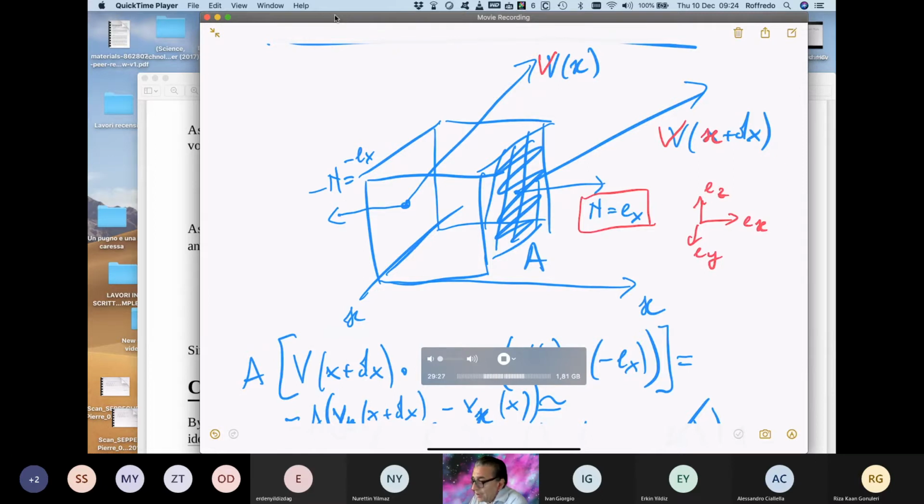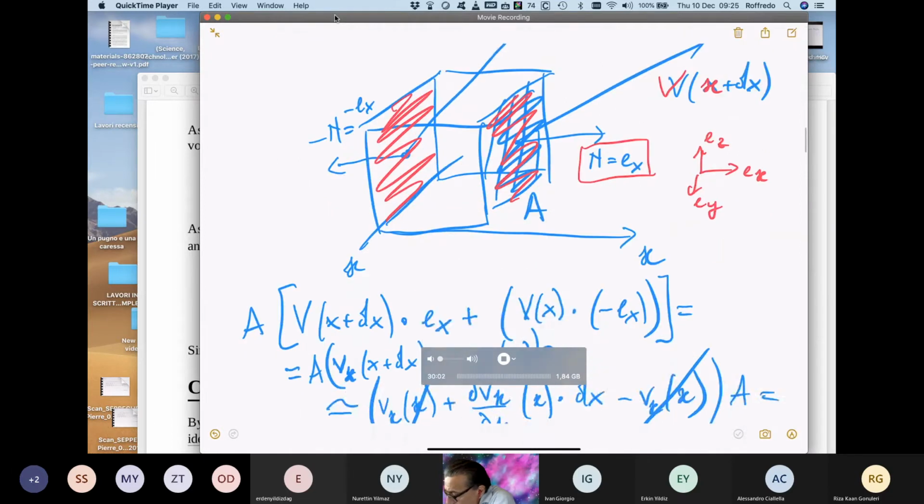For our reasonings, they must be orthonormal faces, so that N is equal to EX, and EX, EY, EZ are one orthogonal to the other. Okay, so you can consider the flux of W through this face here and that face there. Of course, we will repeat this for every pair of our faces.